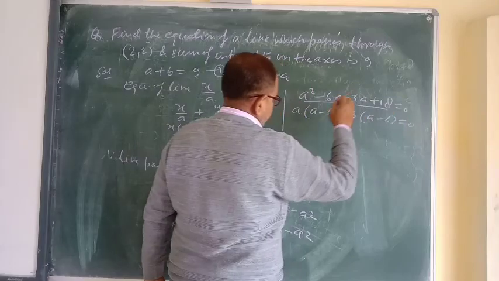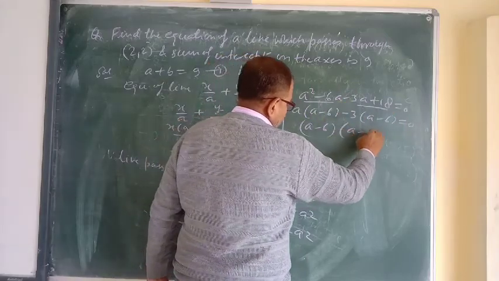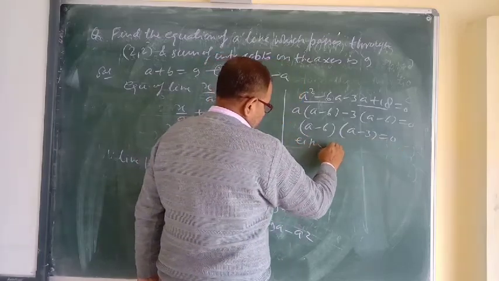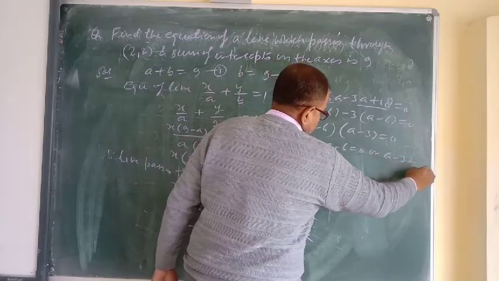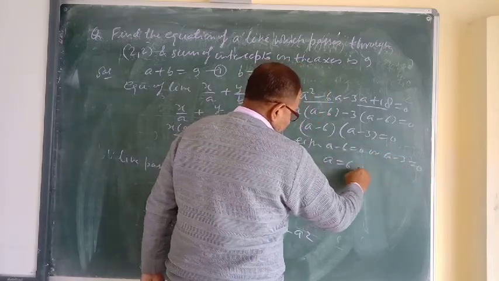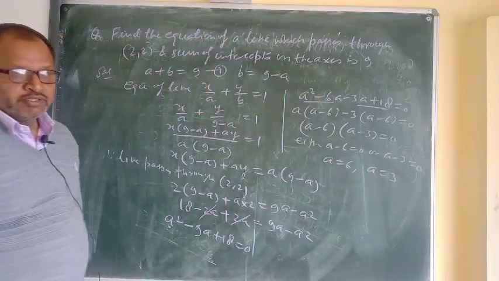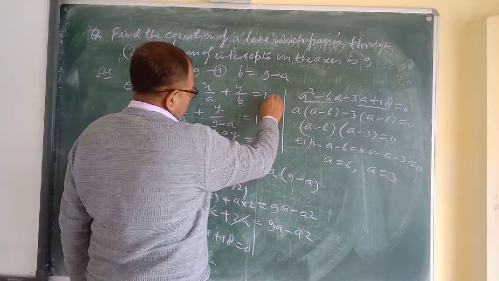A minus 6 is common in both, so (a minus 6)(a minus 3) is equal to 0. So either a minus 6 is equal to 0 or a minus 3 is equal to 0. So we get a is equal to 6 and a is equal to 3.